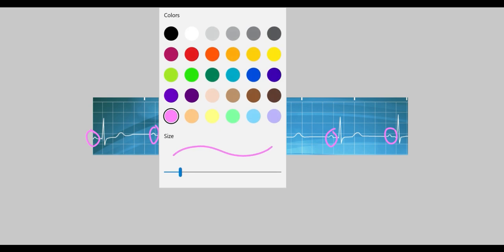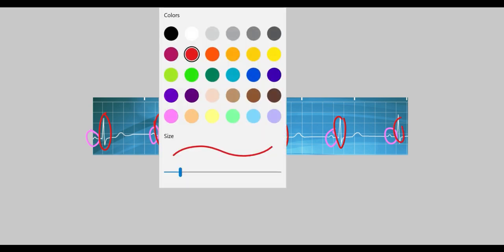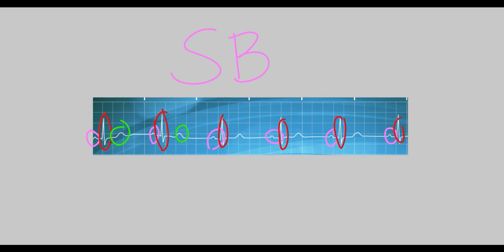Got your P, you have your QRS there, you have your T waves. Everything is normal. The only thing that's different is the distance between the R to R. The distance between R to R is longer.